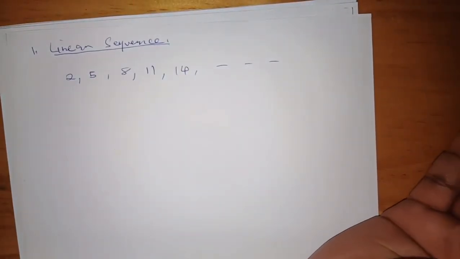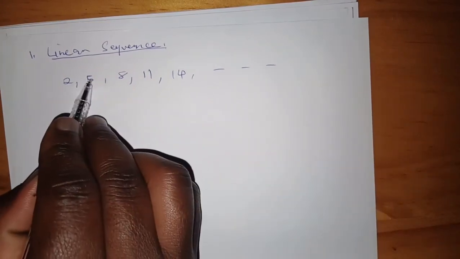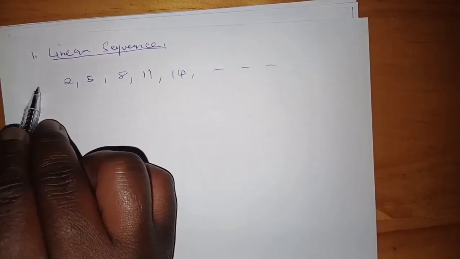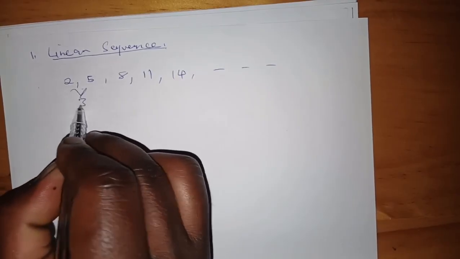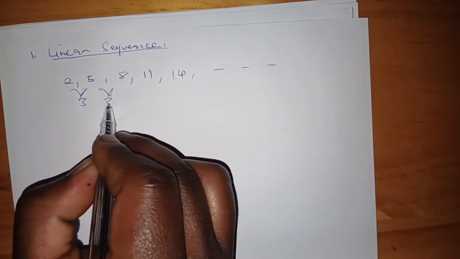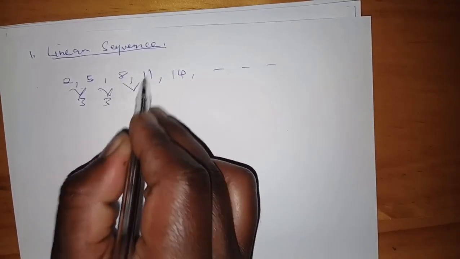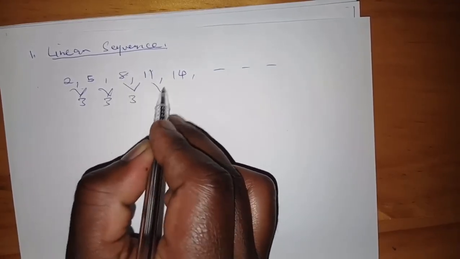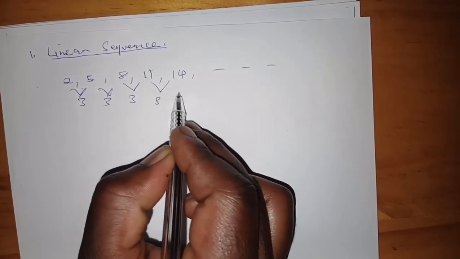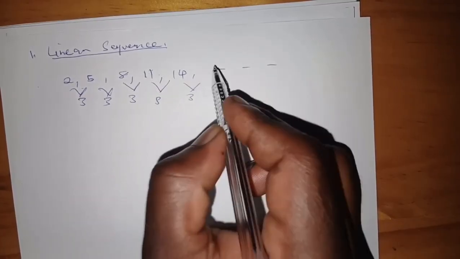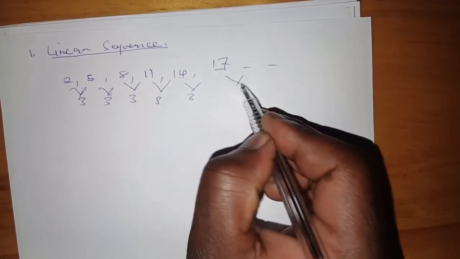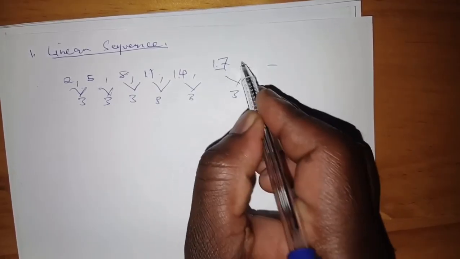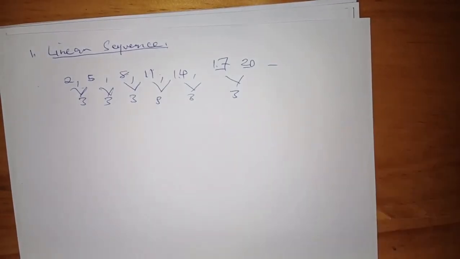What you notice here is that if you say the second term minus the one before it, this minus this, it's giving you 3. 11 minus 8 is 3. 14 minus 11 is 3. The next term here is 14 plus 3, which is 17. The next term is 17 plus 3, which is 20, and so forth.